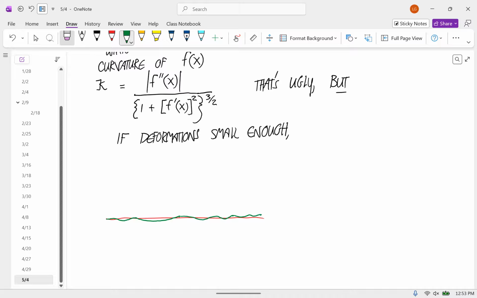Okay, so red is the undeformed height of the beam. And green is the deformed height after you apply the loads.